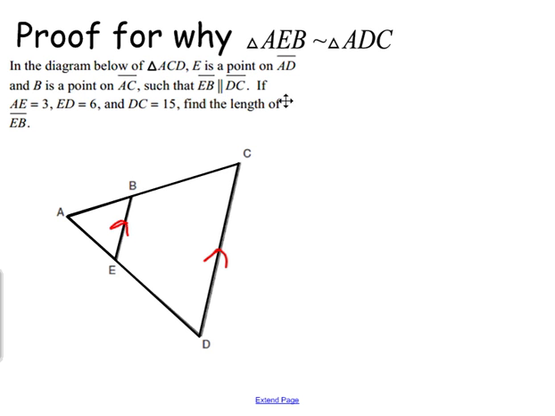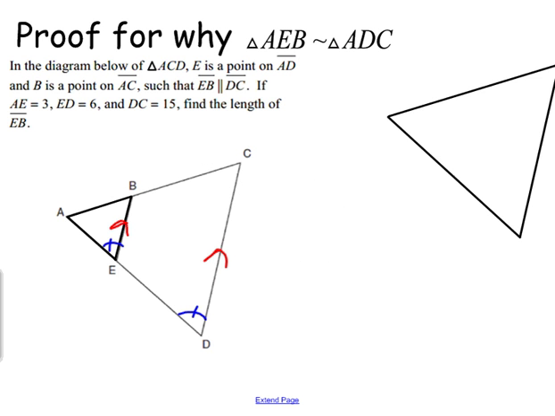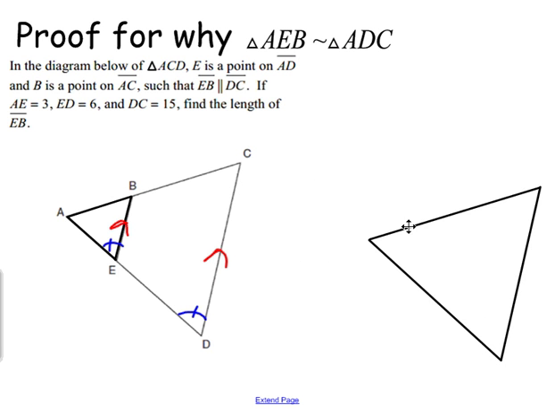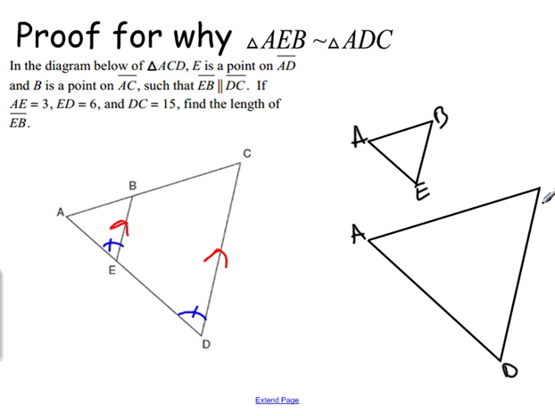In this case, I have corresponding angles here and here. So when you separate this, we've got A, E, B, and we've got A, D, C.